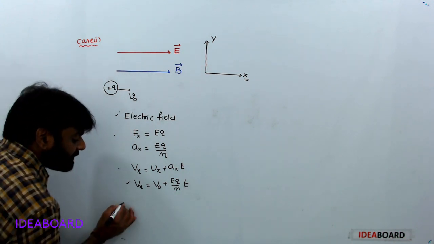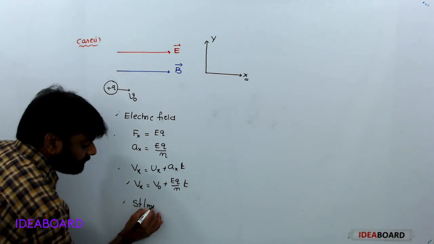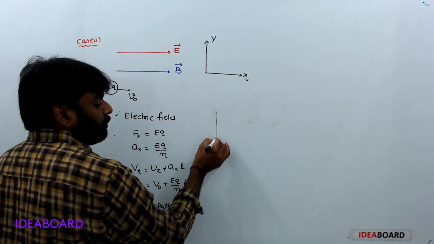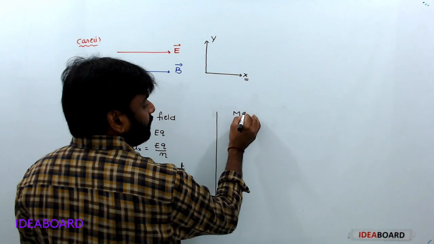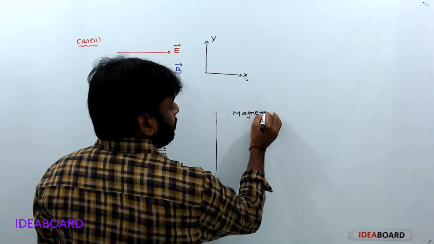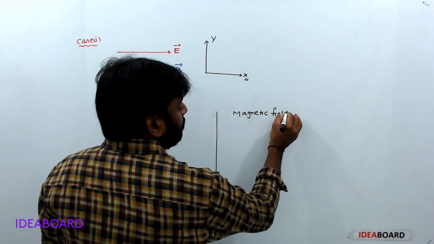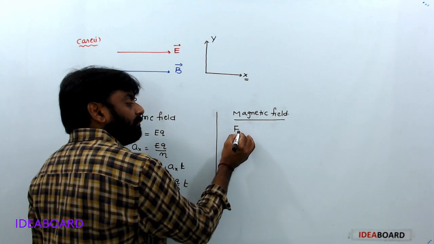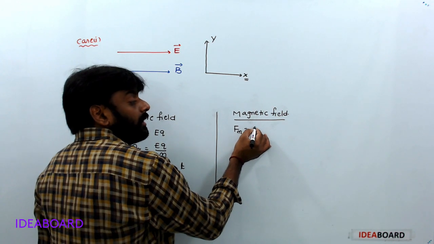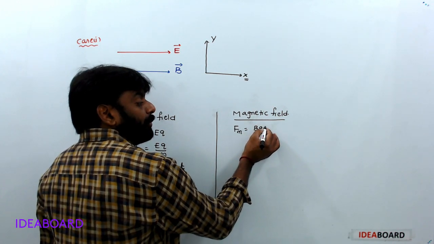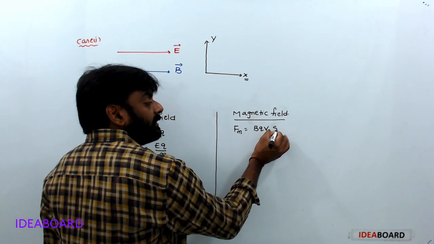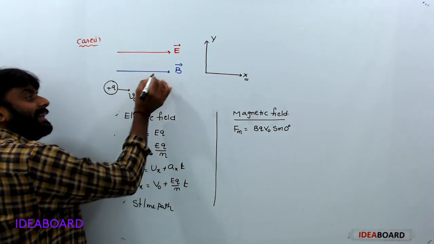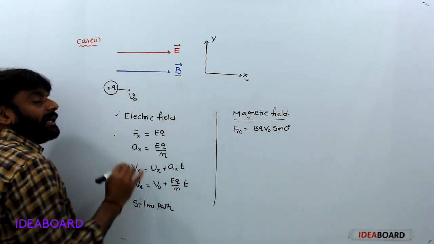So the path is a straight line path. Now due to the magnetic field, the force is B Q V naught sine 0 degrees, because its velocity direction and B bar direction are both the same.